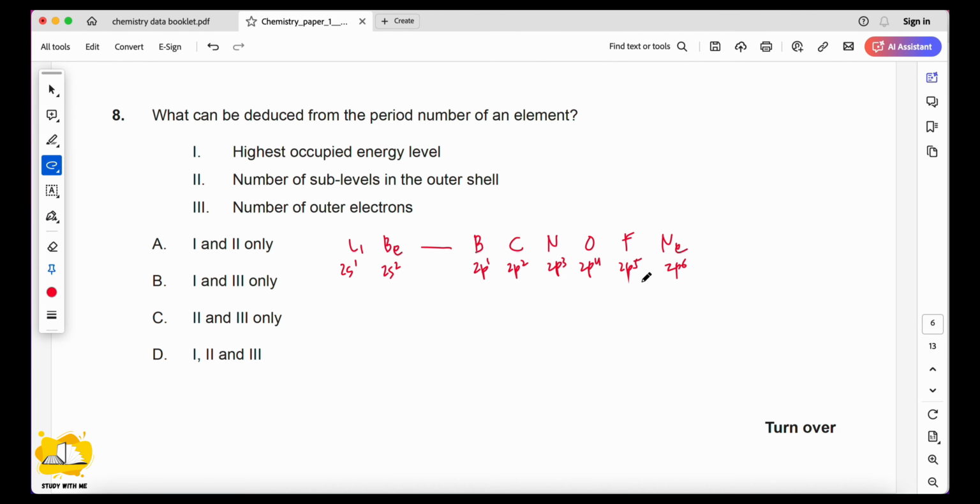So you can see this is the highest occupied energy level and number of sublevels in the outer shell. And for the group, that will depend on the valence electrons of the outer shell. Therefore, the answer will be A.